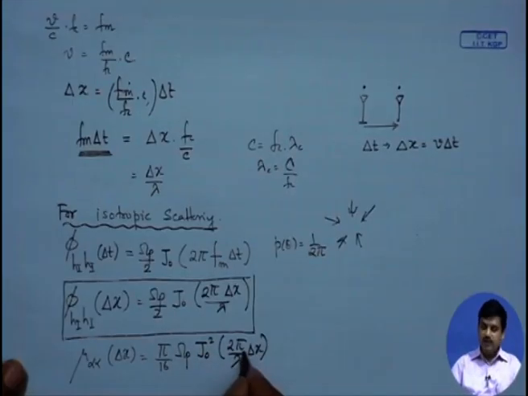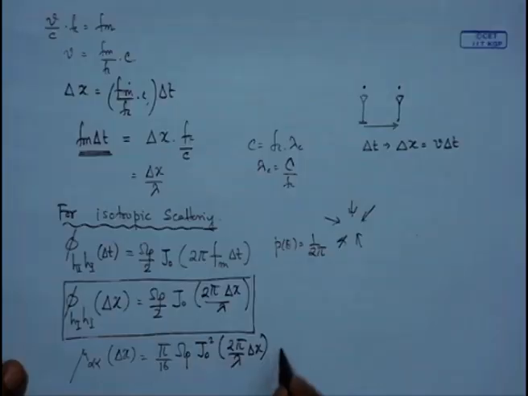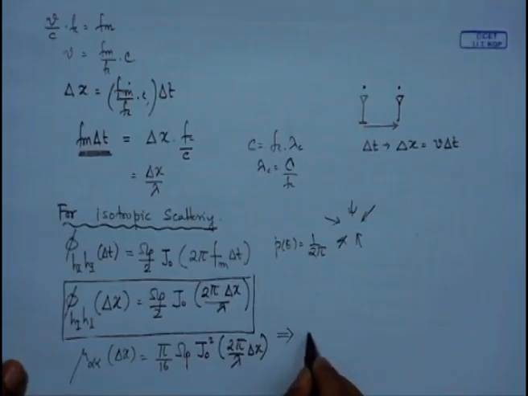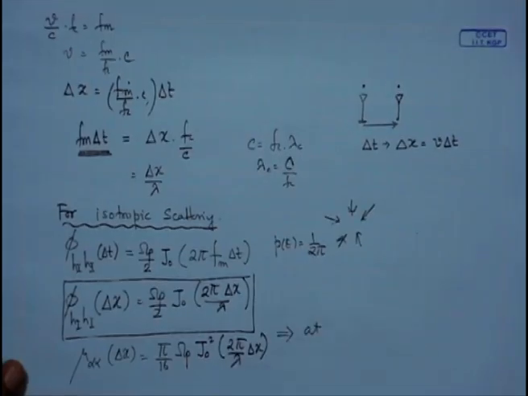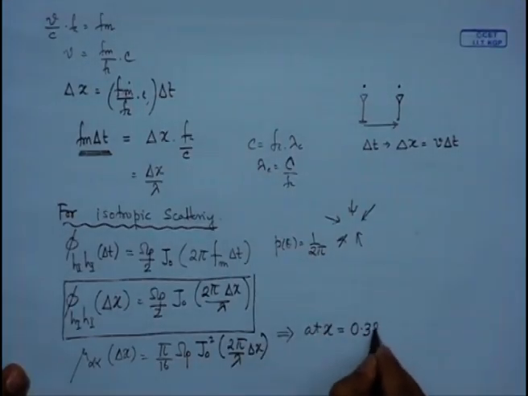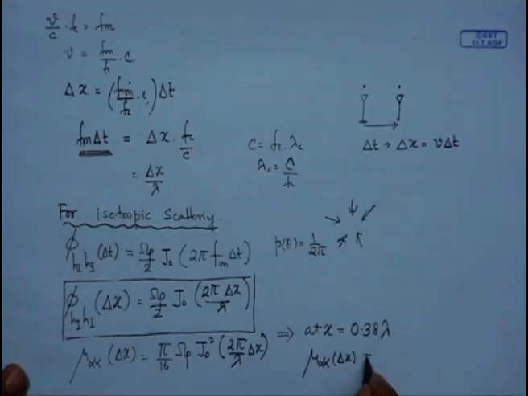This is also derived directly from the expression of correlation of alpha, and similarly it will be for alpha squared. If you look at this expression, at delta x equal to nearly 0.38 lambda, mu of alpha delta x is equal to 0.